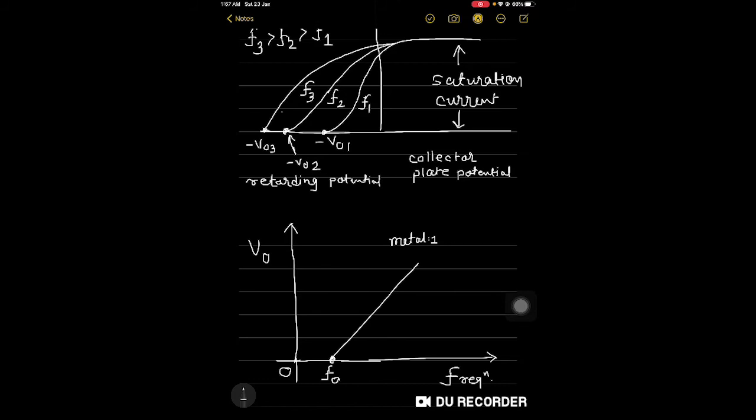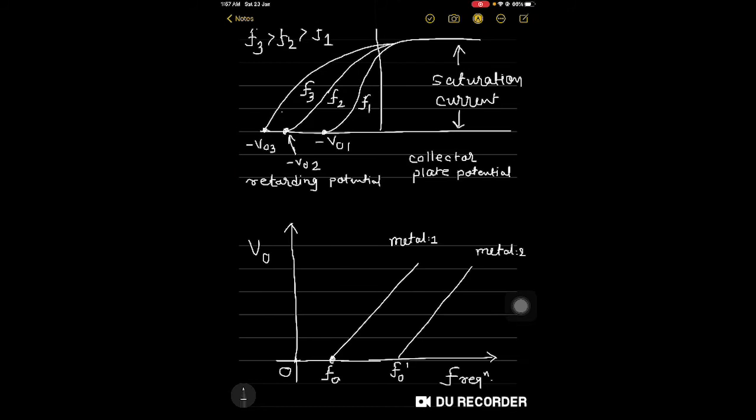In the same manner, suppose we are taking another metal, say metal 2, then we may have another threshold frequency regarding this metal, and after that it will show a straight line. So we can say that if we plot a graph between frequency of incident radiation and the corresponding stopping potential for different metals, we get a straight line as shown here in figure 2.